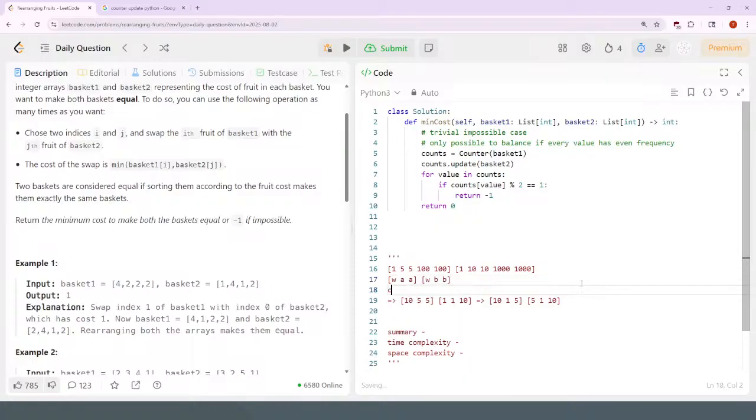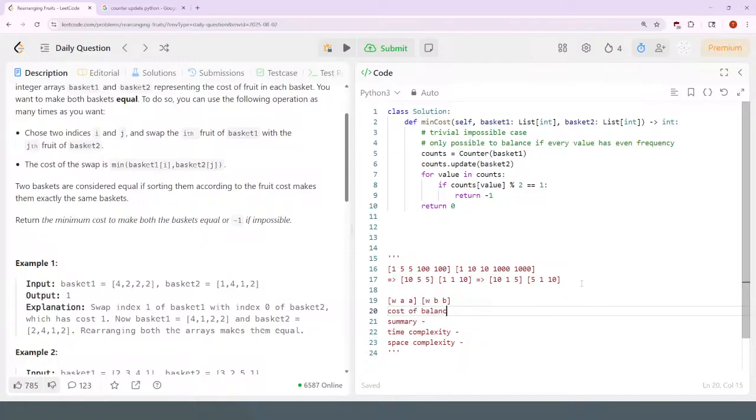And so the cost of balancing is either the minimum of A B, so you swap A B, or 2 times W, if you use W as your ferry value.